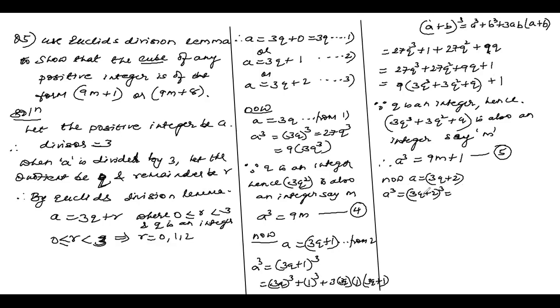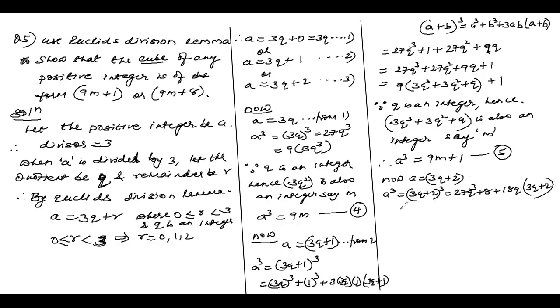That will become (3q) the whole cube, 27q cube, plus 2 cube, 8, plus 3 into 3q into 2 into (3q plus 2). I hope you understood me here. 3 into 3q is 9q, into 2 is 18q.